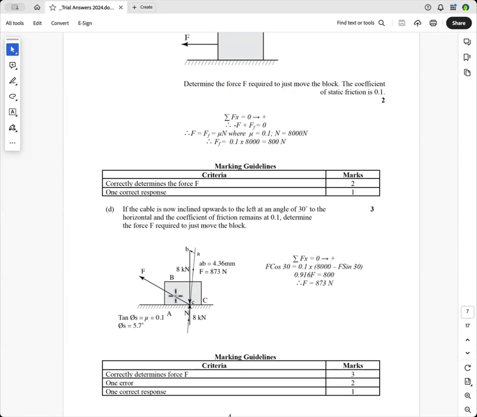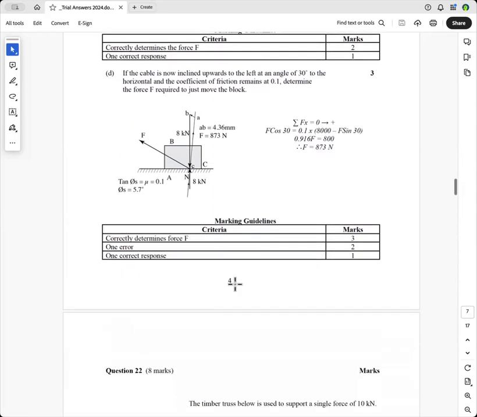You've got to take off the vertical component of that force, and the vertical component is F sin 30. And you've got one unknown in the equation, so you can find out what F is, and it's 873, same as what we got over here. Of course, this was done on a CAD system, so you get the exact same answer.